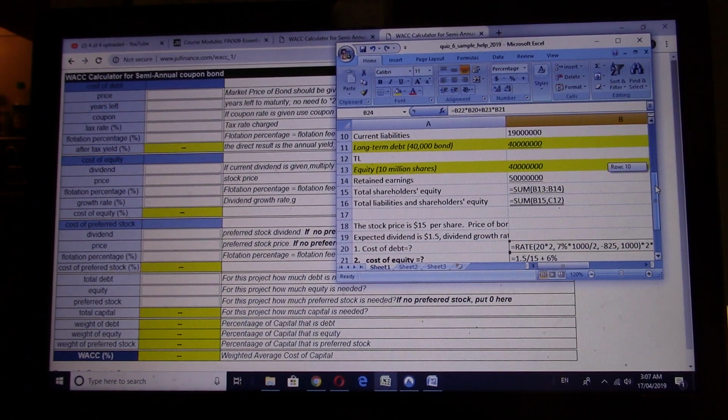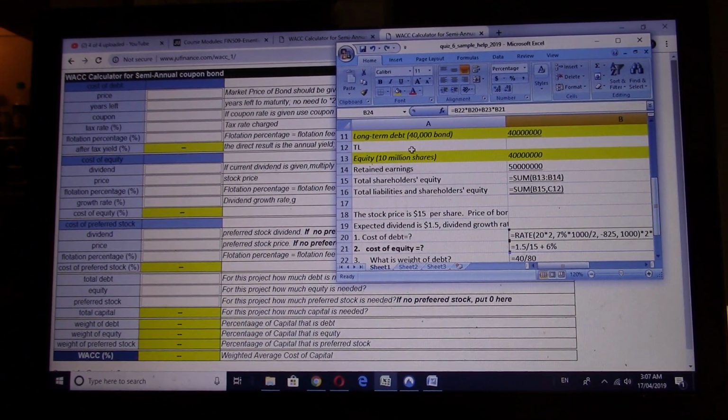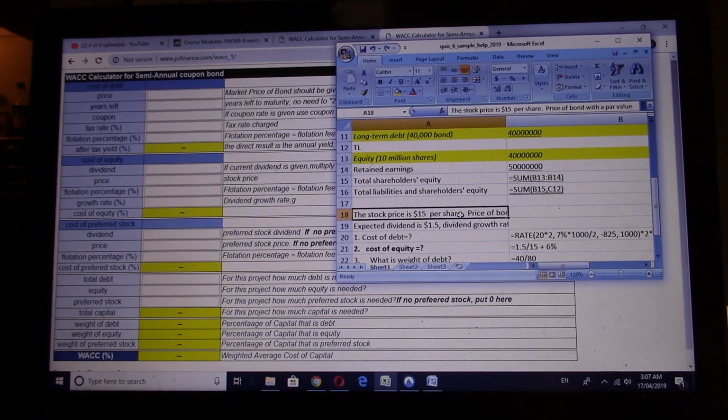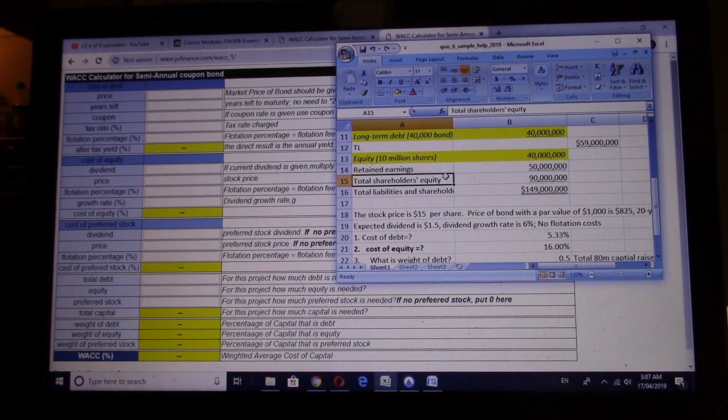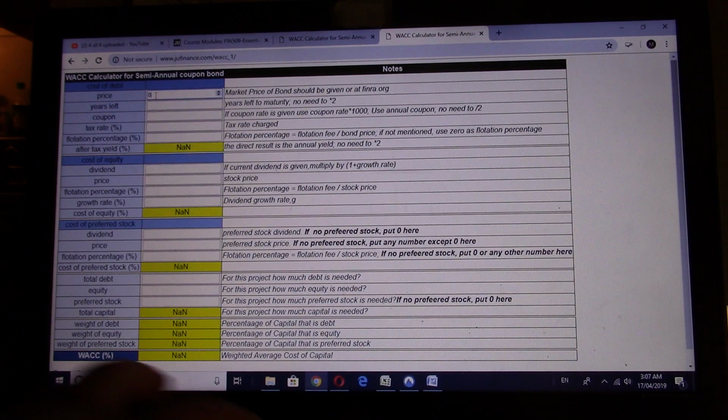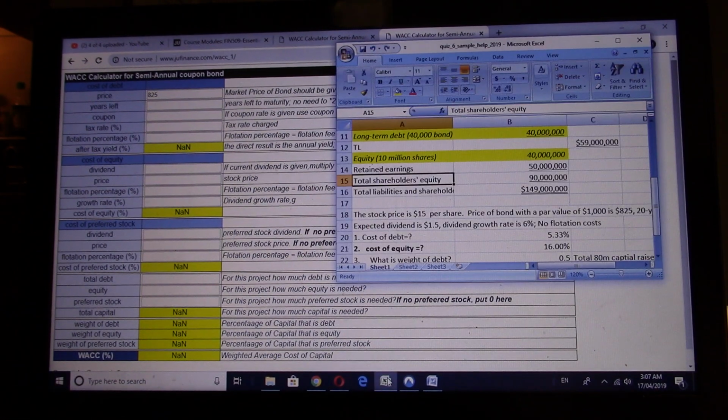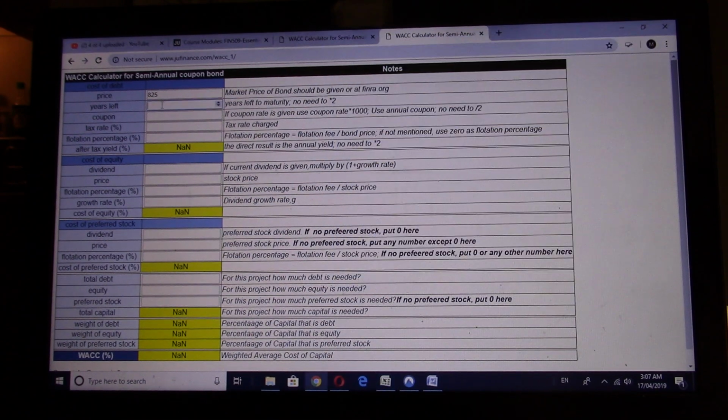So the price of the bond is $825. And years left, it should be 20 years left. And coupon, it should be the dollar amount, 7%, so it should be $70 coupon annually.